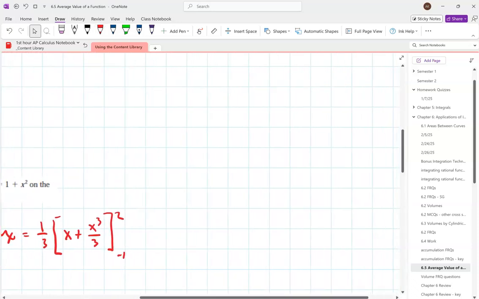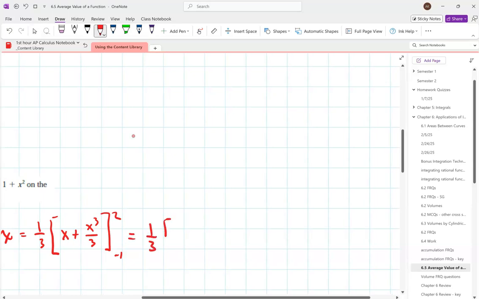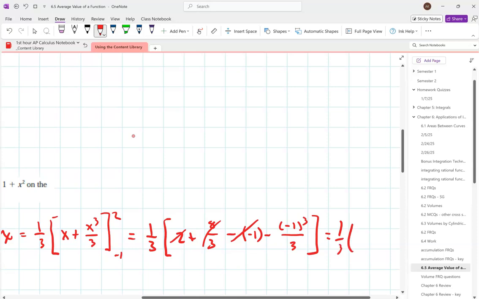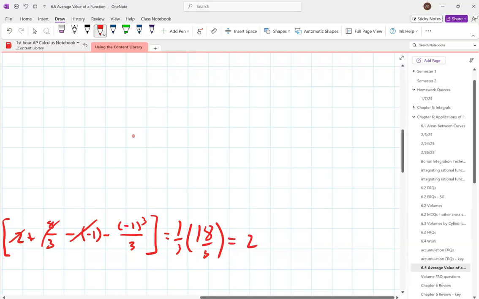So we just integrate as usual. So let's see, that's 2, 3, 17 thirds, 18 thirds. Oops, we still have that 1/3 though. So that comes out to be 2.